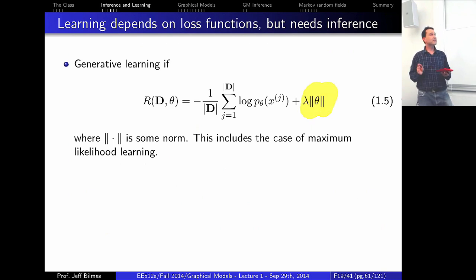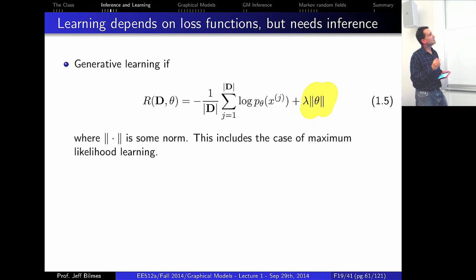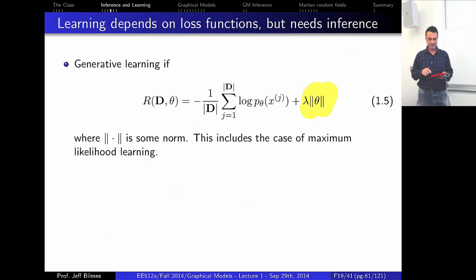So theta is inside some norm, like it could be a 2 norm or a 1 norm or some sort of structured norm. And then lambda is the trade-off coefficient. And you can see that if we minimize this risk, we're maximizing the likelihood. We're saying that theta is the set of parameters that maximize the probability of the data. That's what generative learning is.